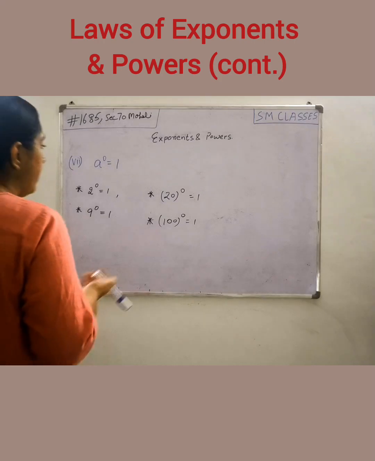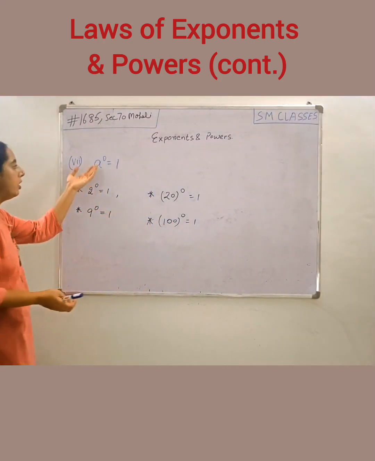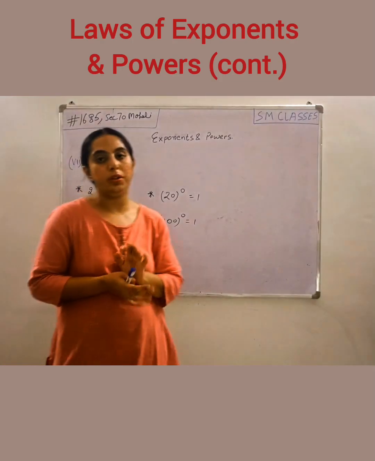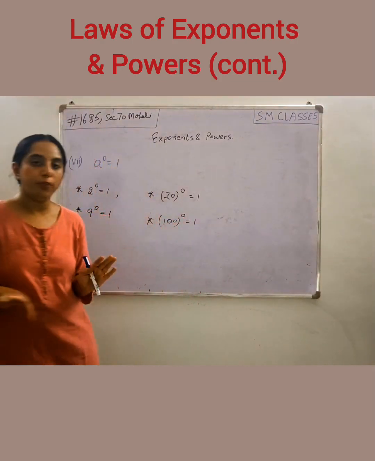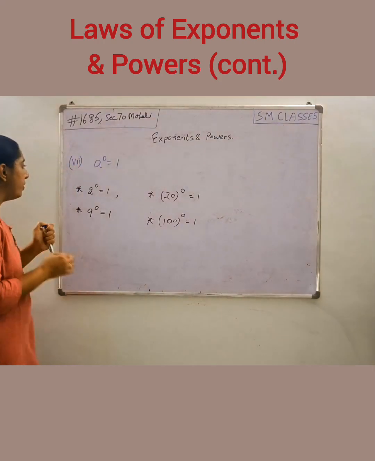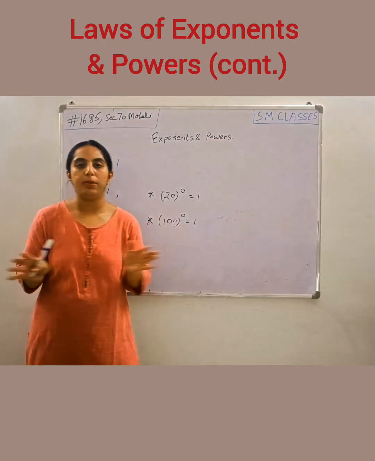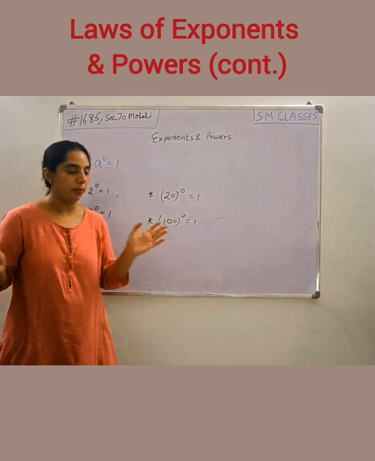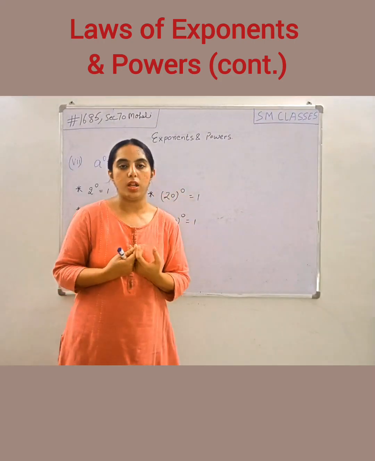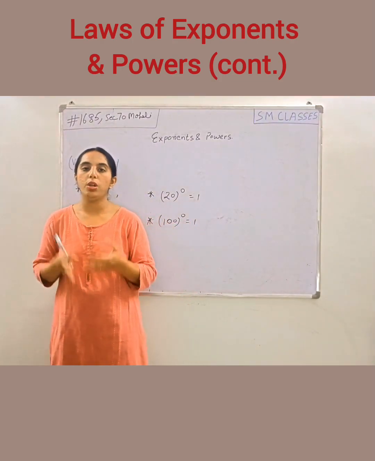So this can be a law or it can be an expression which states a^0 is always 1. Please do not mistake this in any form. So whenever we have something like 2^0, just simply write it as 1. 9^0 as 1. 20^0 as 1. 100^0 as 1, and so on.